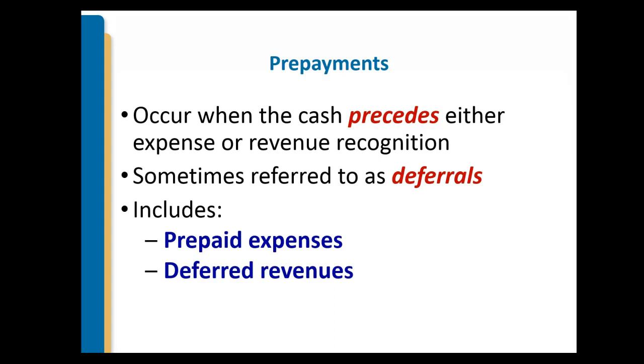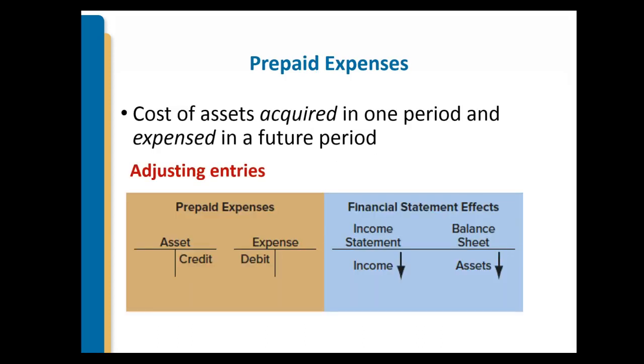Now the asset gets expensed in the future period when the asset expires. In insurance, it's going to expire just over the passage of time. We normally pay for insurance in, say, 12 months. So each month that it expires, it gets reduced from the prepaid and it gets increased to the insurance expense.